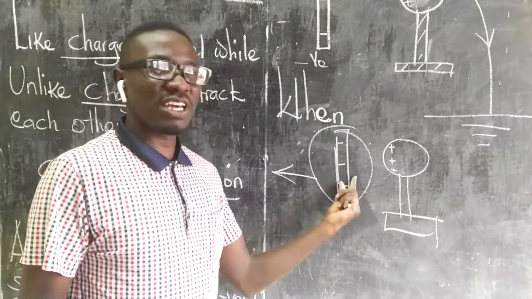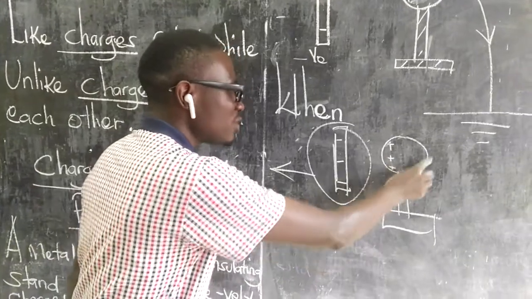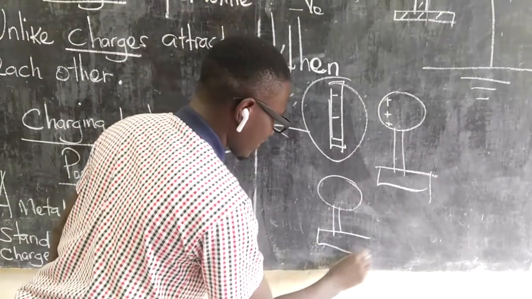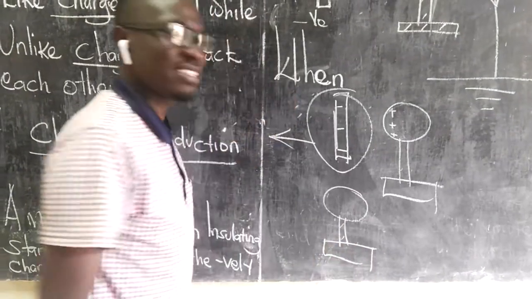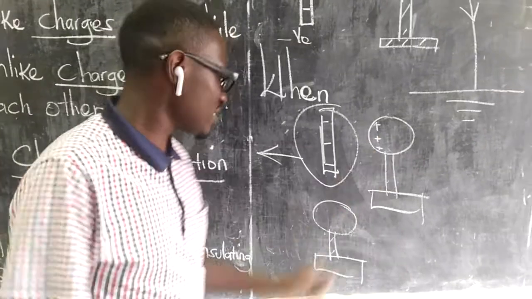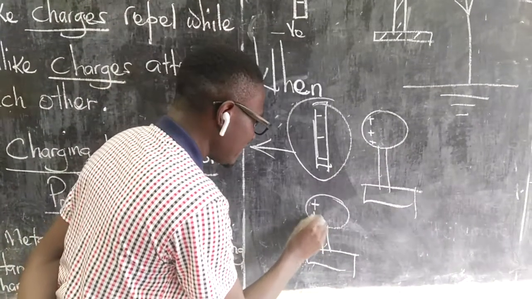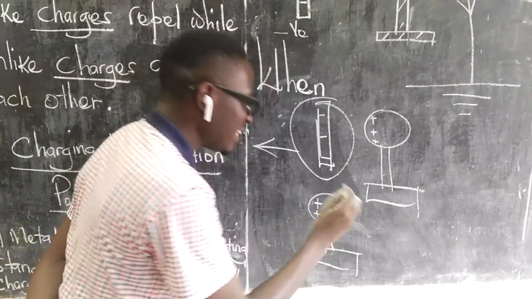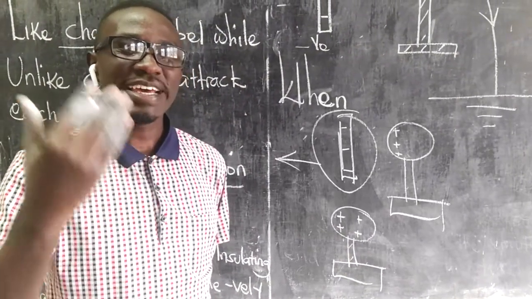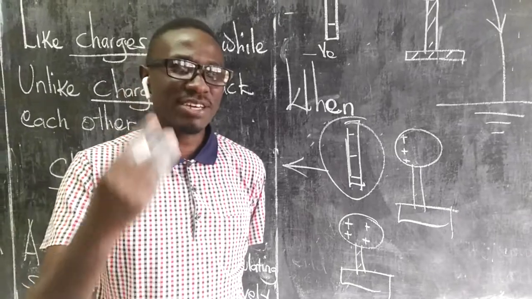Now once you remove the rod, these positive charges will redistribute themselves on this sphere. And at the end of it all, the sphere will become positively charged. Let's first take a quick break.